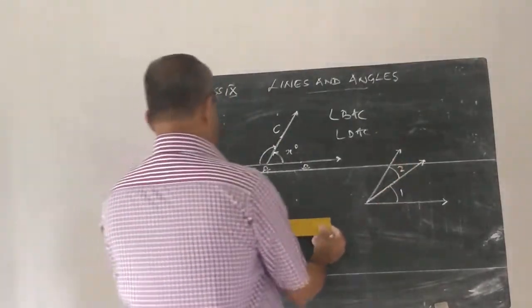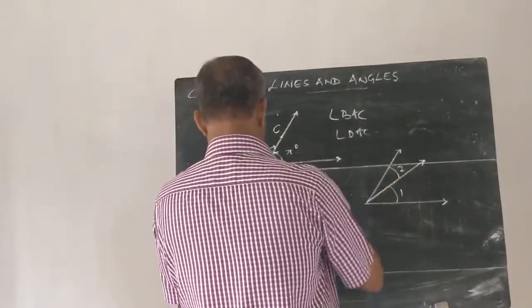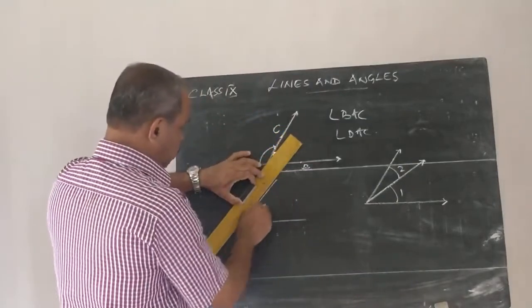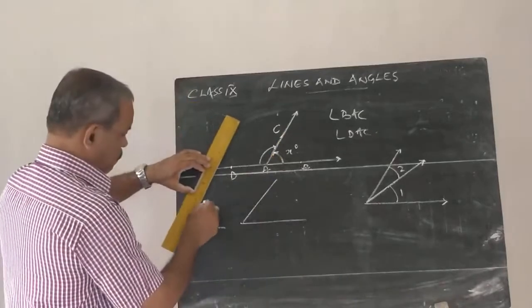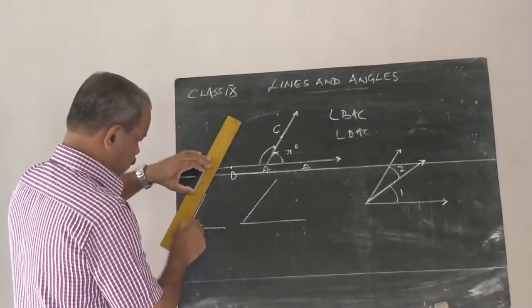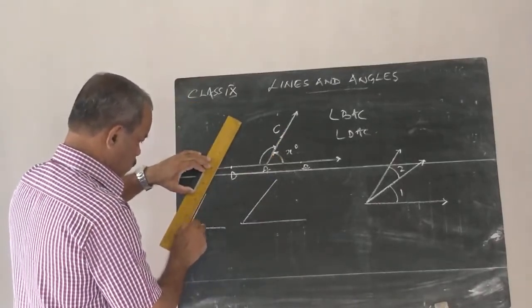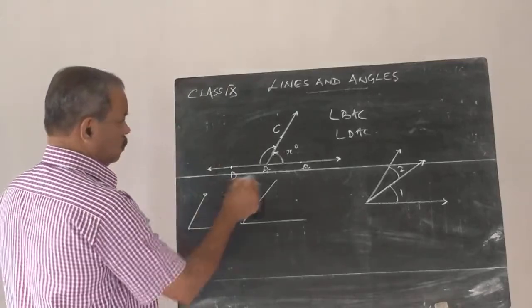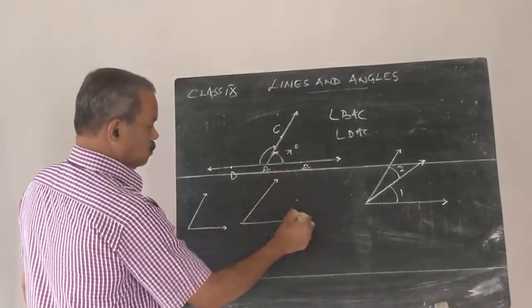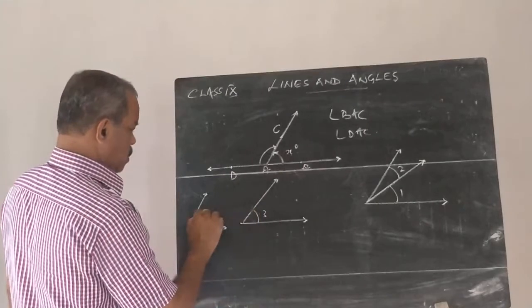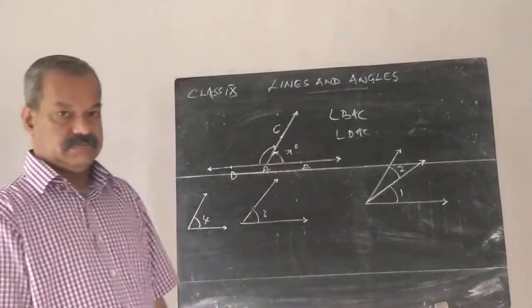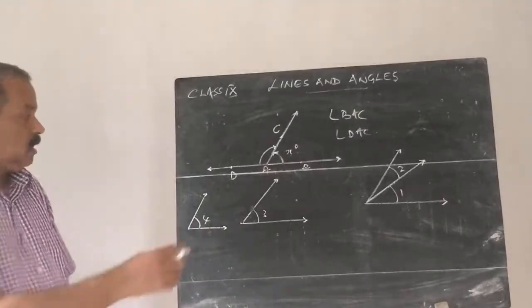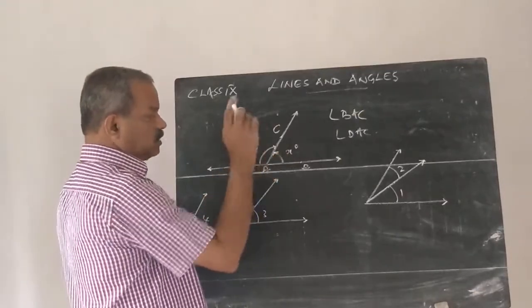But if we draw angles in this way, angle 3 and angle 4 are not adjacent angles.